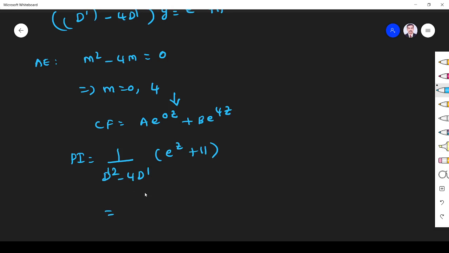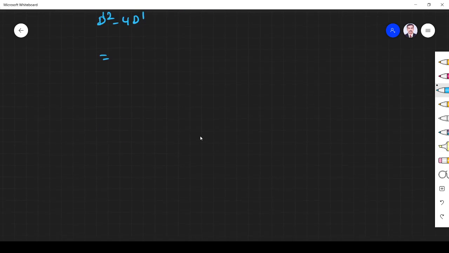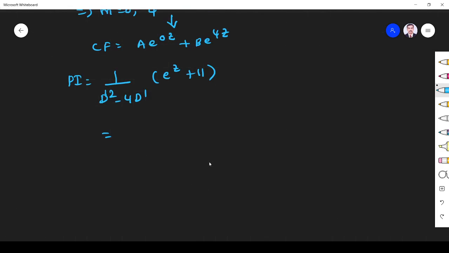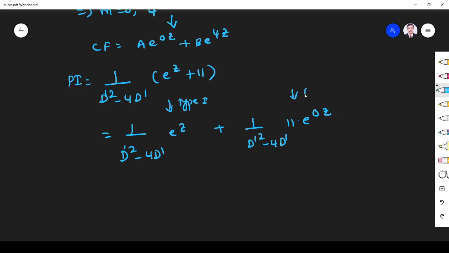I split it into two parts: 1 by d dash squared minus 4 d dash of e power z, which comes under type 1, plus 1 by d dash squared minus 4 d dash of 11 into e power 0z, which is also type 1 for finding the particular integral.